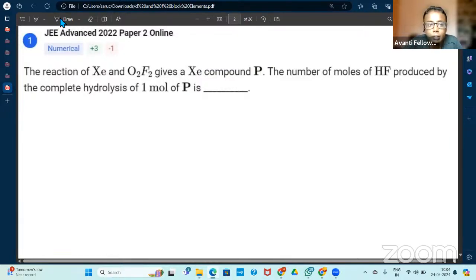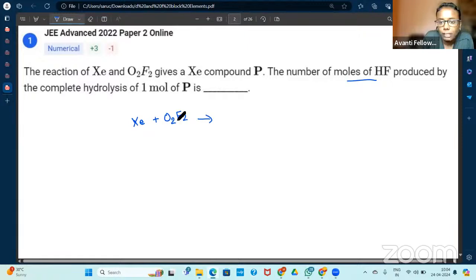You have to react Xe with O2F2, and you will get a compound P. The question is the number of moles of HF from complete hydrolysis of 1 mole of P.